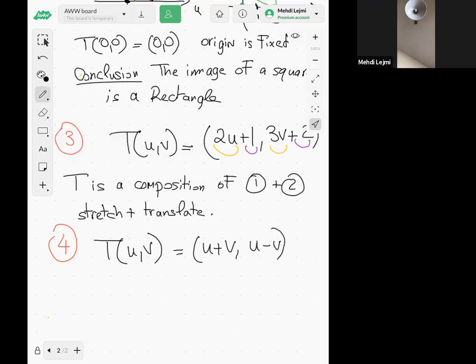This is a less obvious example because each component involves both variables, both u and v.